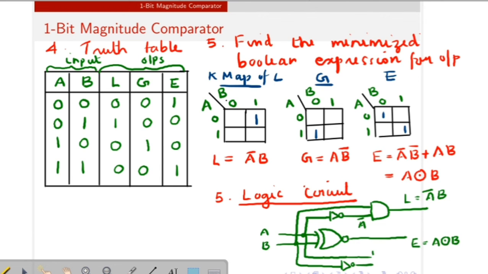Then B bar and A are ANDed together, and we get G, that is G is equal to A B bar. So this is the logic diagram for the 1-bit magnitude comparator.